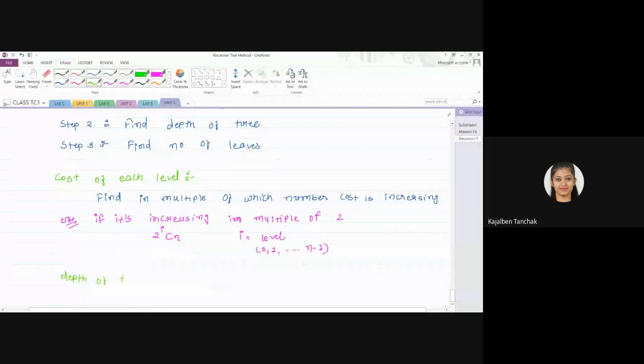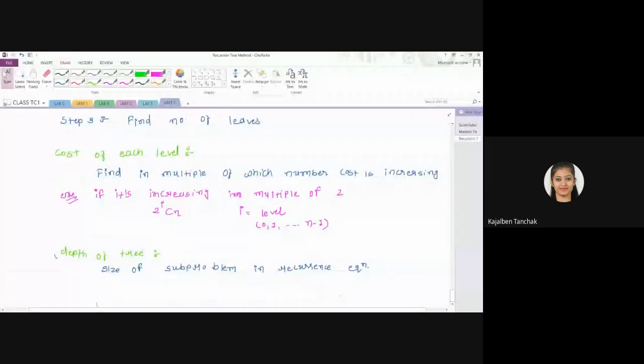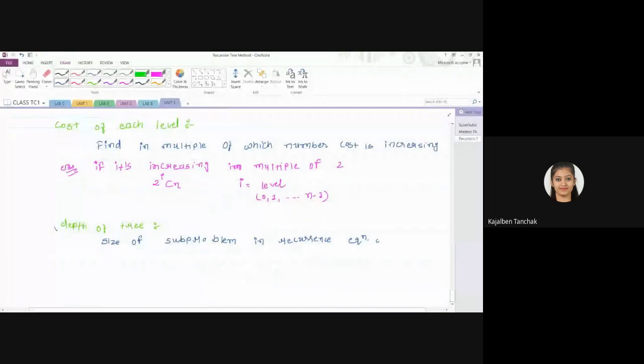For that you consider size of subproblem in the recurrence equation, and division stops at 1. And the last is number of leaves.